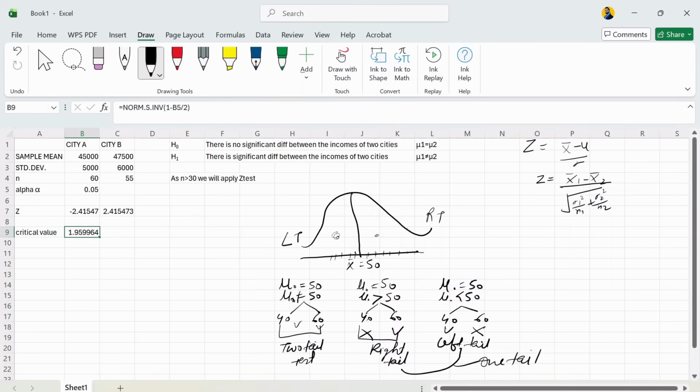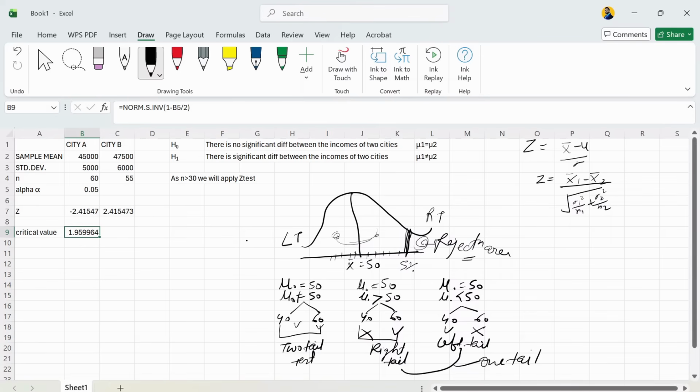And the significance level, let's say, is 5%. So this portion is known as your rejection area, and this is all your acceptance area, right?